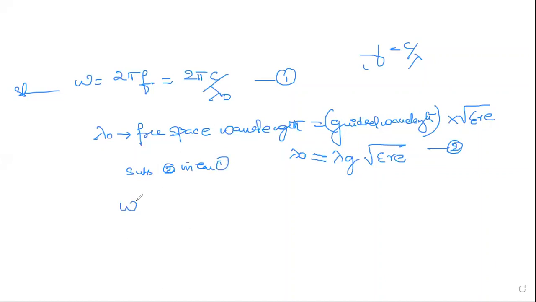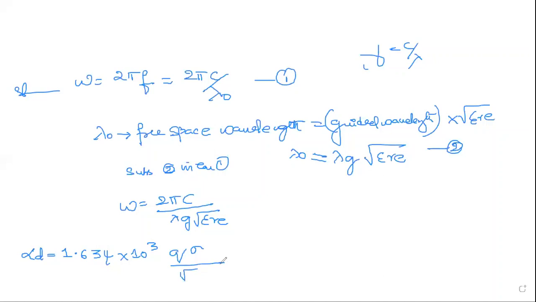So you have omega is equal to 2 pi c divided by lambda G into square root of epsilon Re. And you know the dielectric attenuation equation from before: 1.634 into 10 to the power 3 Q sigma divided by square root of epsilon Re, the previous equation which we have written.